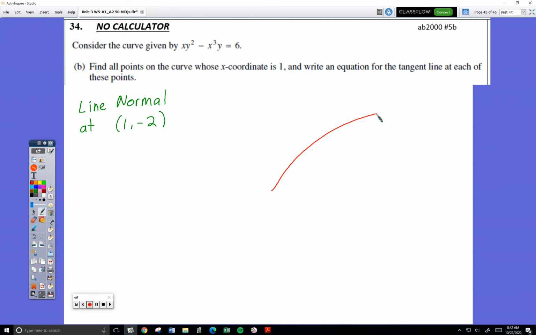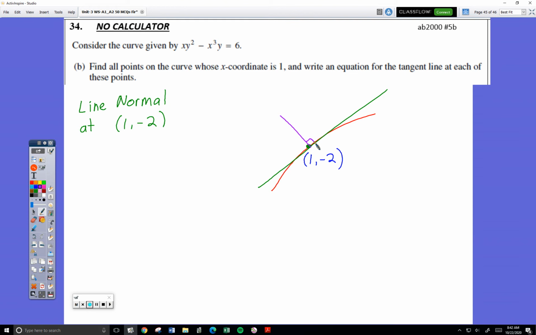We have found on that curve that there's a point at 1, -2. There's a line tangent to that curve. We could also draw what's known as a line normal to that curve. Normal means perpendicular. You learned that in a class previously. It's just been a while, so. Questions?